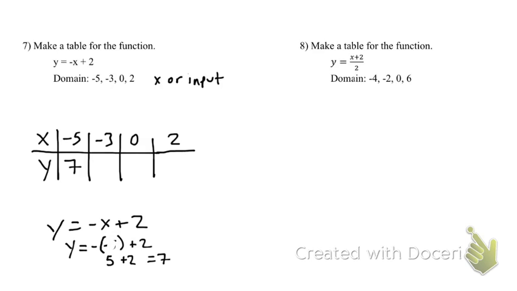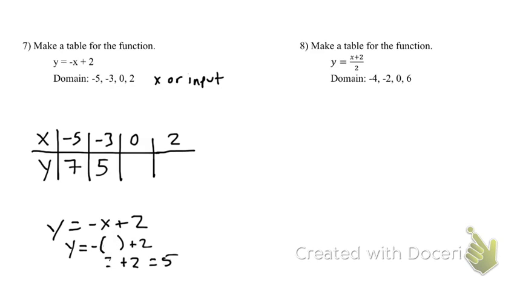So instead of plugging in negative 5, I'm going to plug in negative 3, my next x value. And we do the math. Negative 1 times negative 3 is positive 3 plus 2, and that gives me 5. So there's my 5.